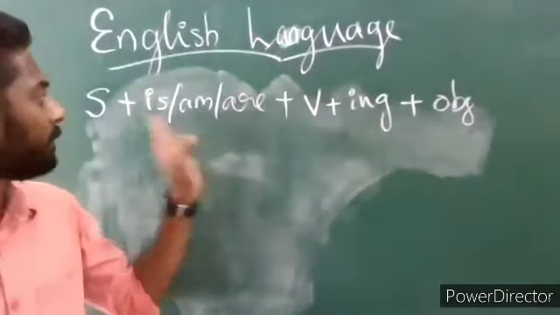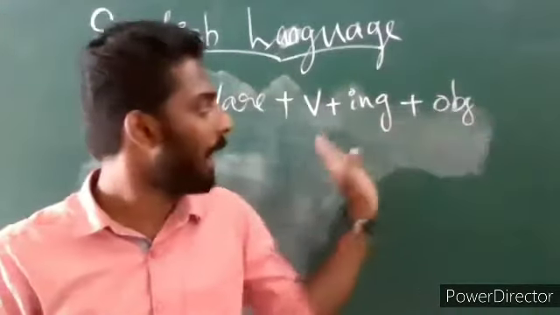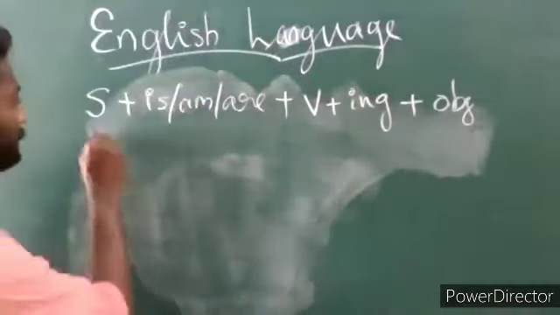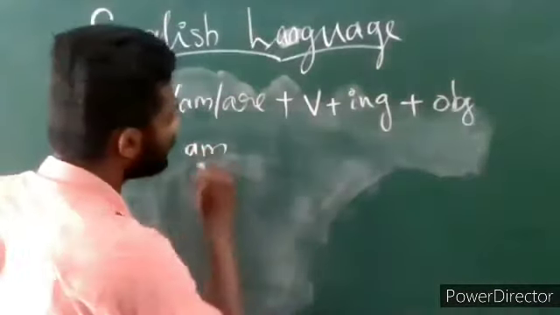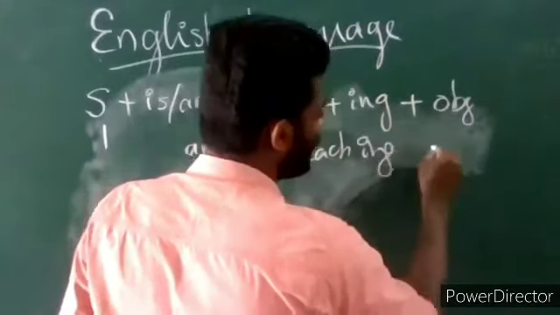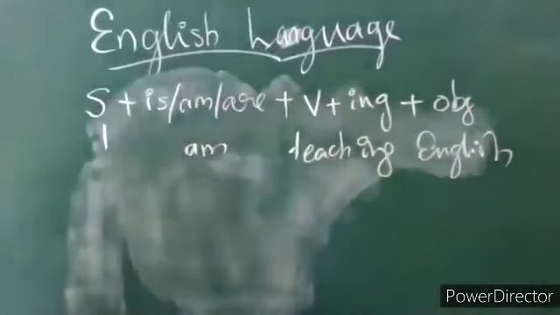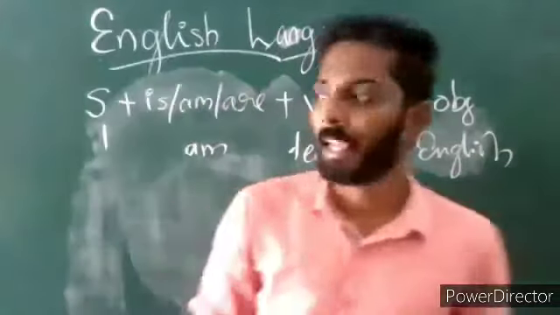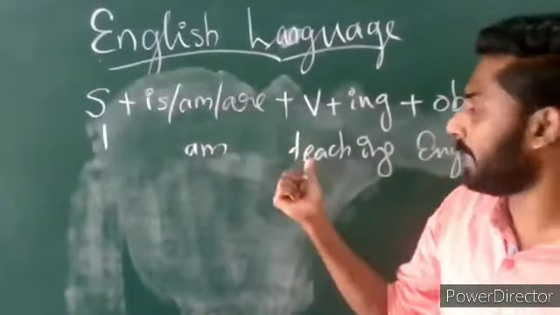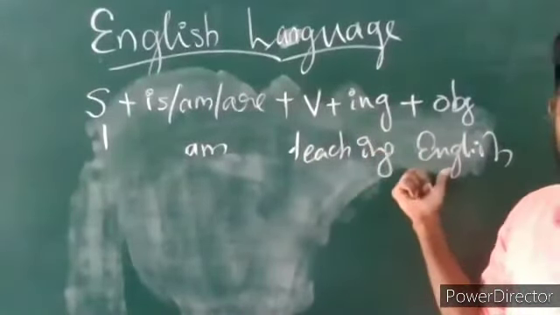I am teaching English. So here, I is the subject, am is the helping verb, teach is the verb, and the ing form is also used, plus object.